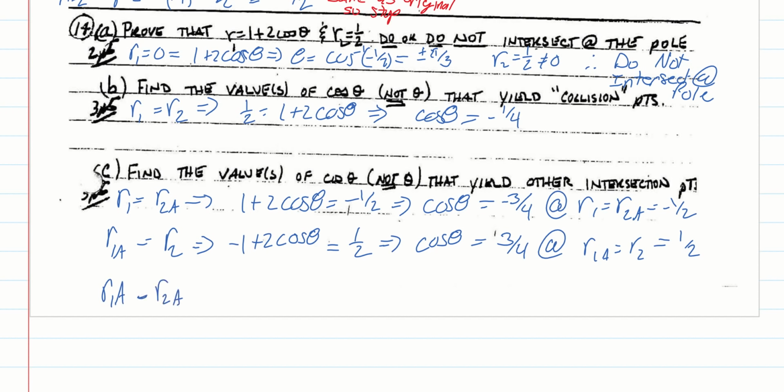R1A equals R2A: -1 plus 2 cosine theta equals -1/2, which implies cosine theta equals 1/4. But we don't know an r. Yes, we do; it's when r equals -1/2.